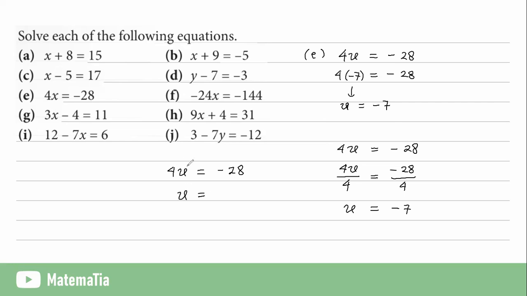And then because 4x means 4 times x, we need to change this number into the right-hand side of the equation, because the operation here on the left-hand side is multiplication, or times. So when we change 4 to the right-hand side of the equation, it will be the opposite operation. It is division. So negative 28 divided by 4. So x is equal to negative 7.